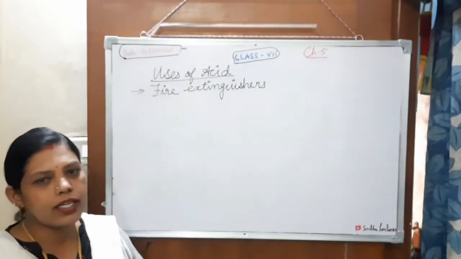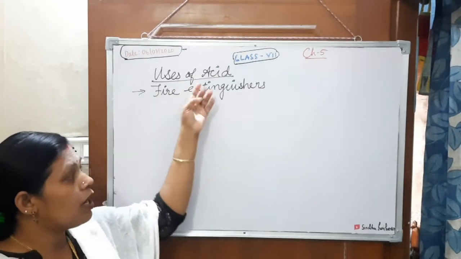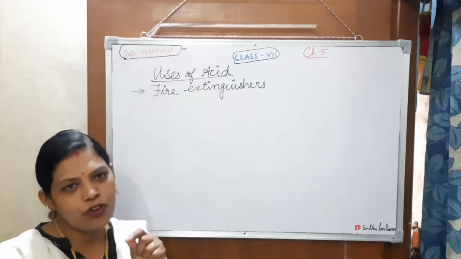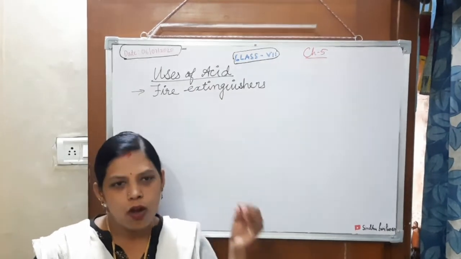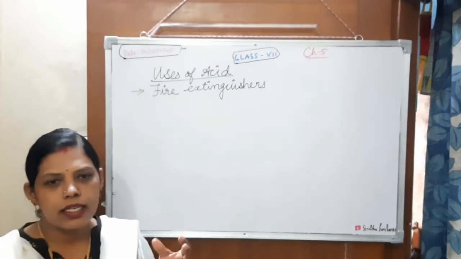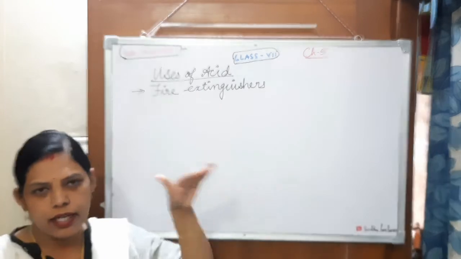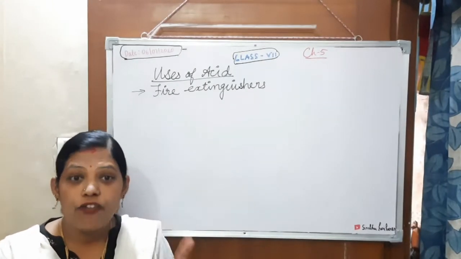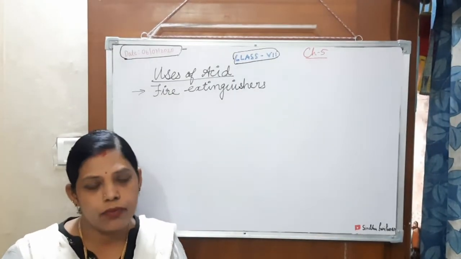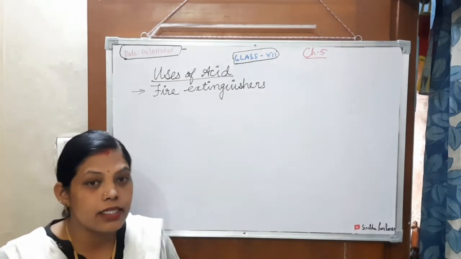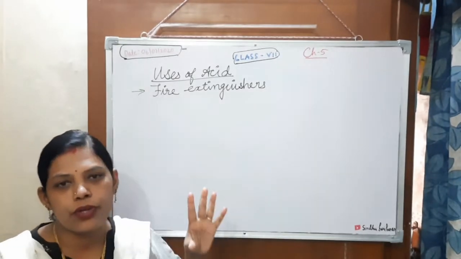Extinguish means to put out; it is the thing used to put out the fire. How may acid be used for putting out fire? At our schools or offices, you can see a red colored cylinder kept here and there. That is the fire extinguisher, which is used to put out a fire when it accidentally occurs. We can use it immediately.